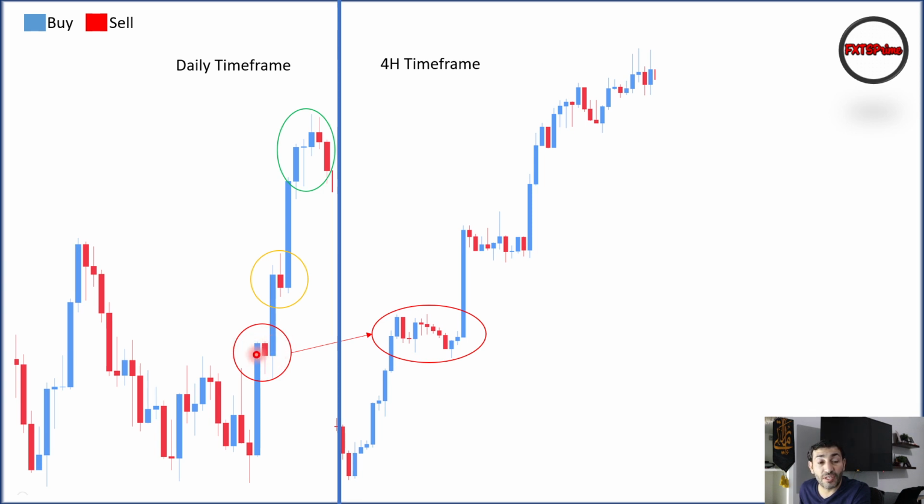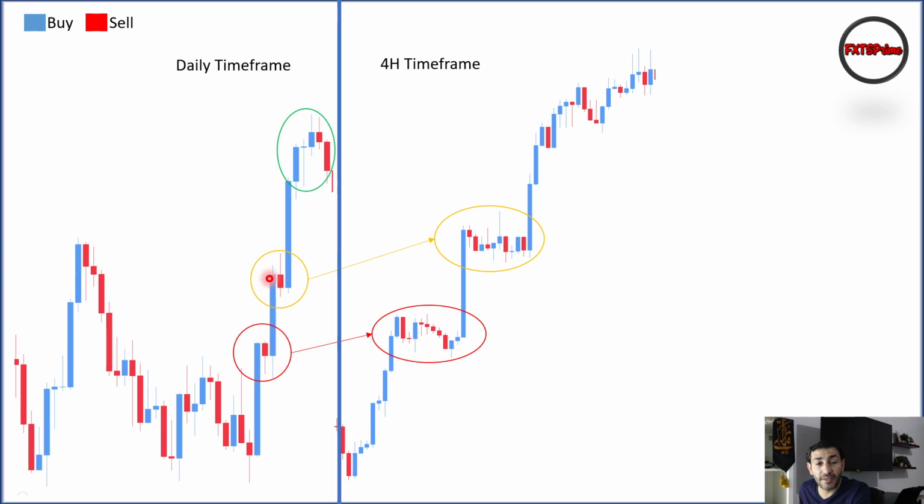However, if I want to enter with the best entry, I must drill down to the lower time frame and match the stages. If you see this blue candle, those are the candles here. If you see this red candle, those are the continuation pattern here. If I go to the next one also, I will find the same.